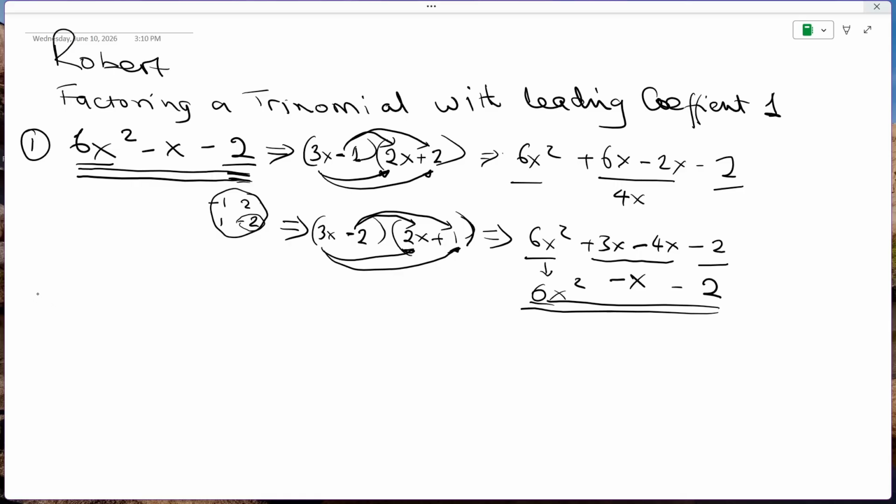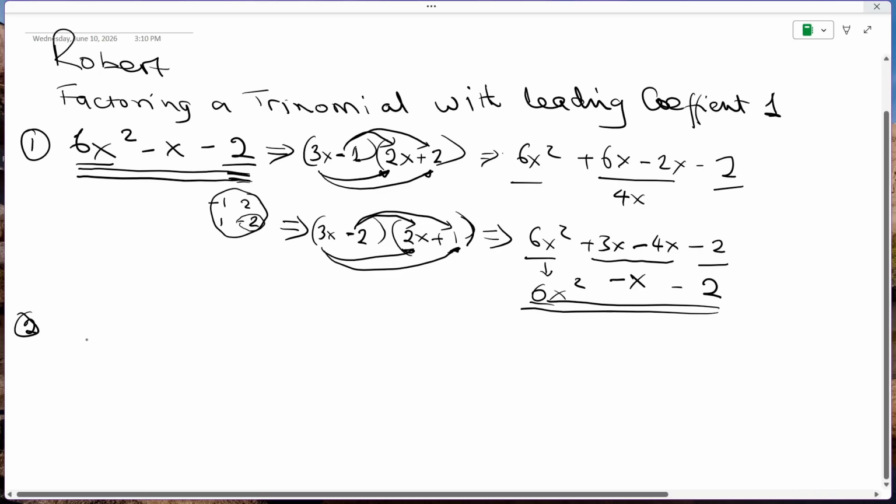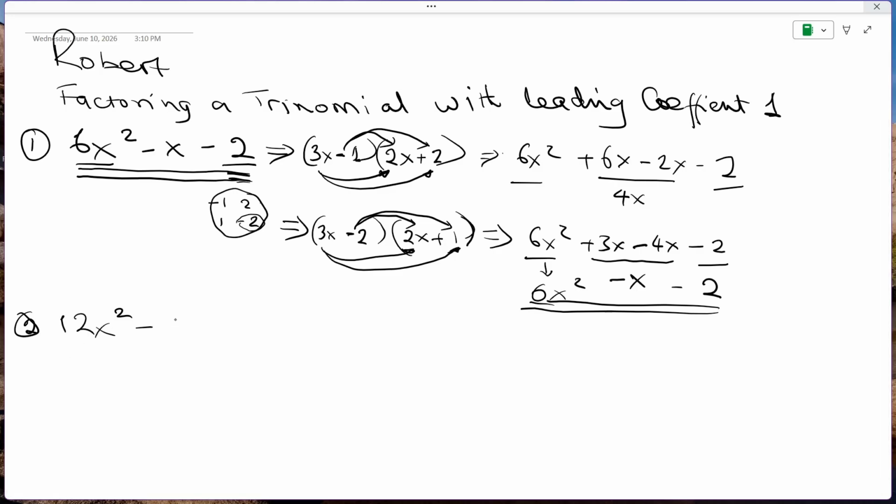Okay, let's look at another example. Example 2. Let's suppose we have 12x squared minus 6y squared, then minus xy.